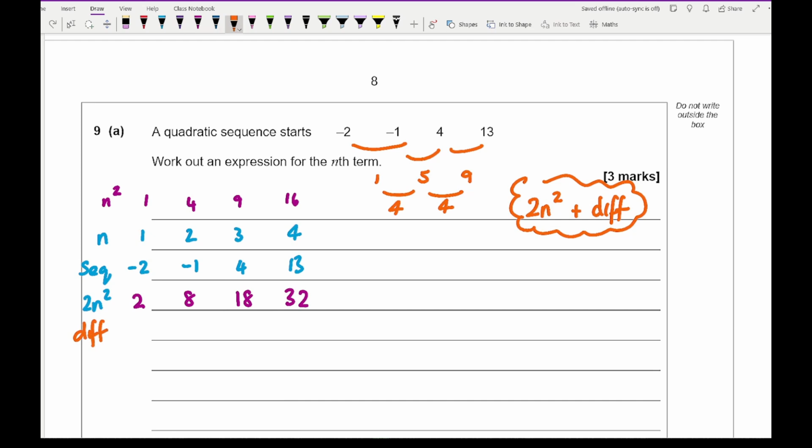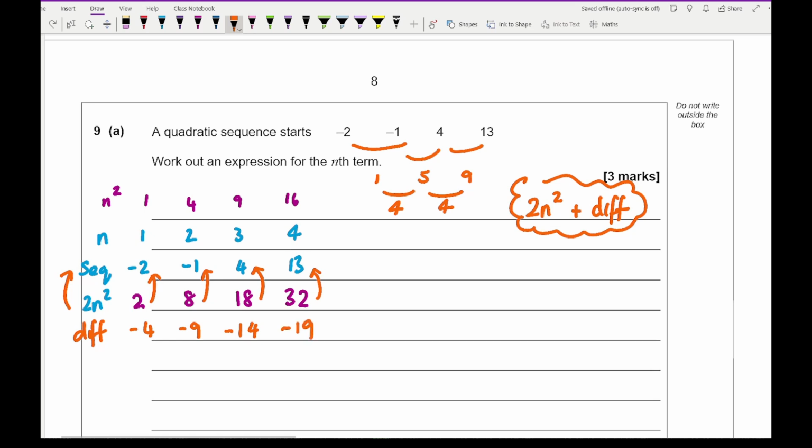So the difference from here to here is going to be -4. Then the difference between 8 and -1 is -9. The difference between 18 and 4 is -14, and then the difference from 32 to 13 is -19.